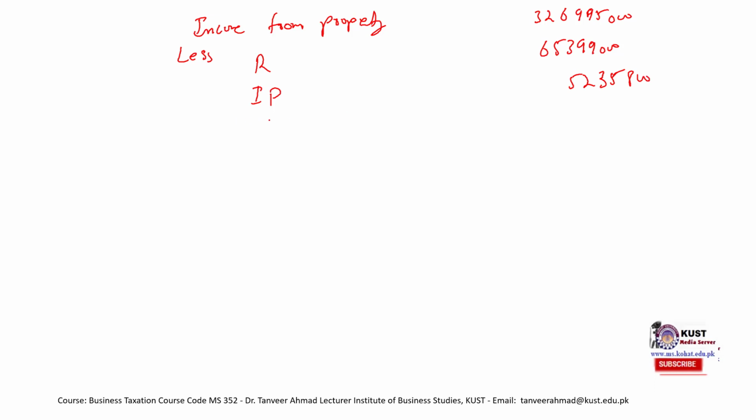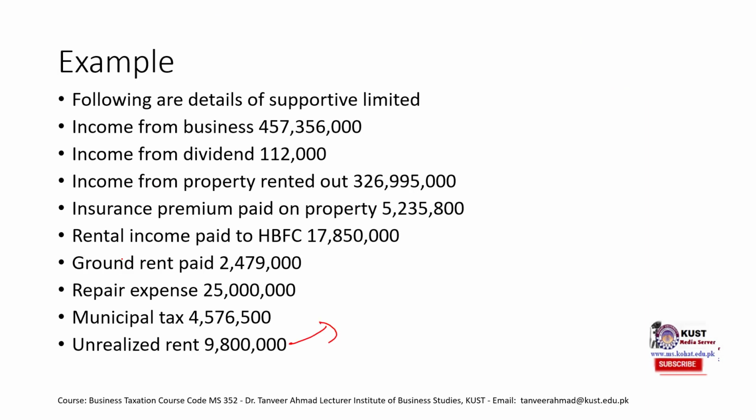Then we have share in profit. Remember, share in profit we have already discussed. Okay, how do we know? It is not mentioned as share in profit. But check this out. This is basically a financial institution. It is a bank, right?